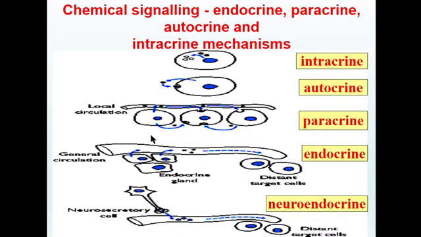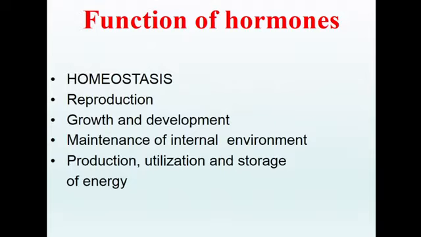For example, insulin acts like an endocrine hormone and produces its effect, but insulin, which is produced in the beta cells of the pancreas, can also regulate production of glucagon in alpha cells and achieve this effect through a paracrine mechanism of action. So there may be a combination of these mechanisms.